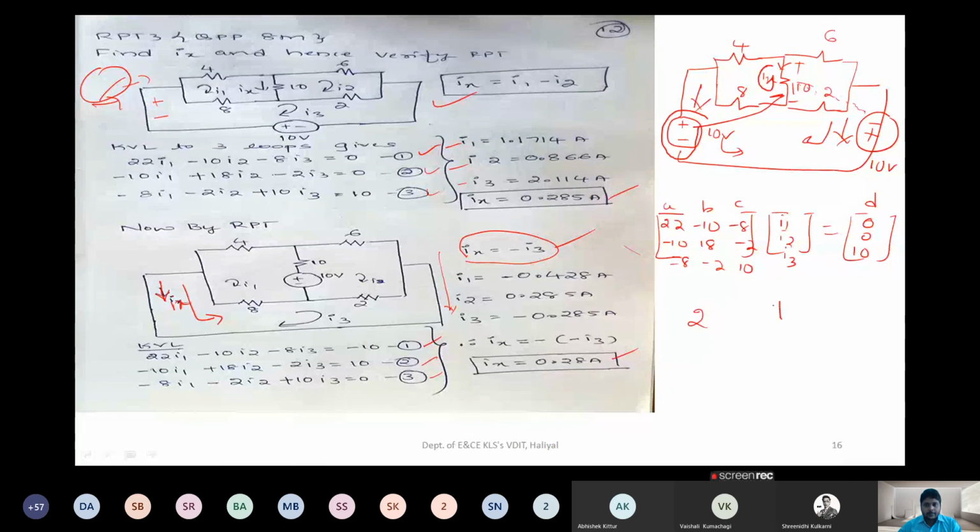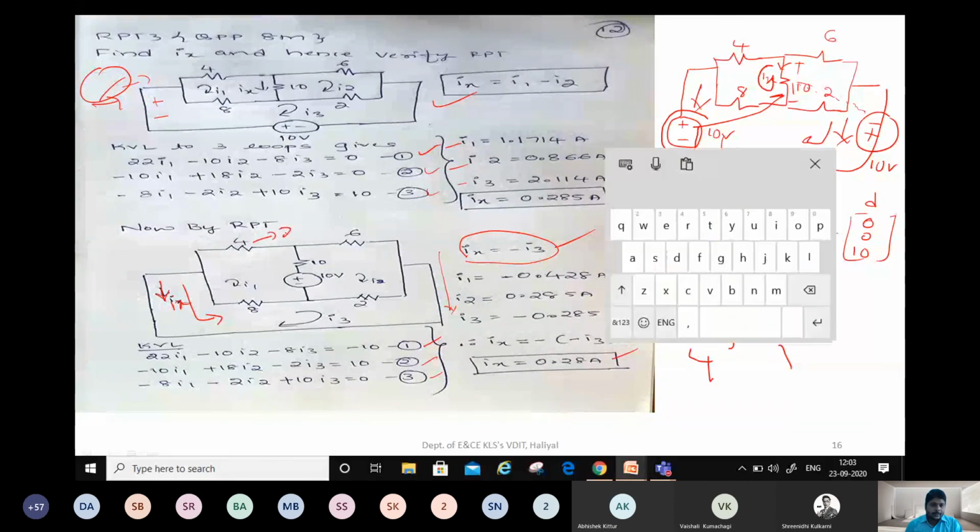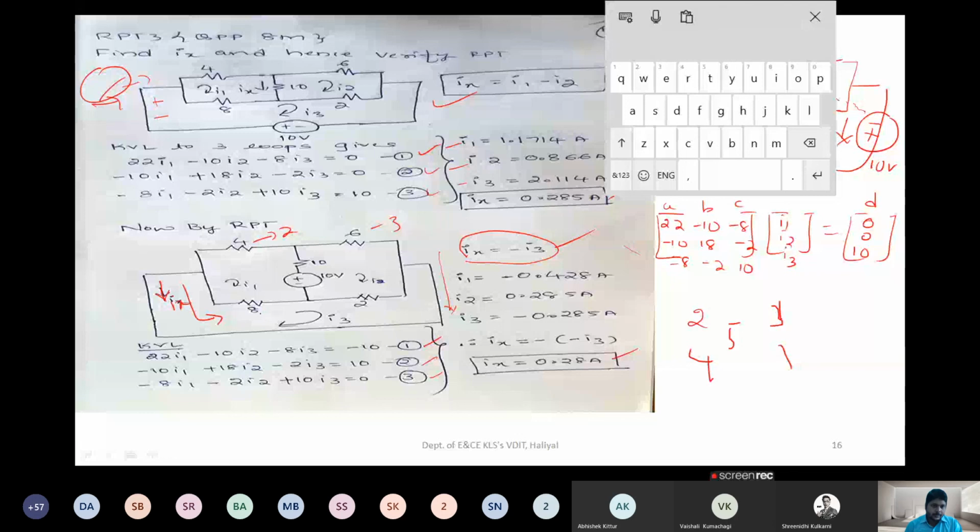You take what we have: 3 ohms, then 4 ohm, then 1 ohm, and 5 ohms. And change the values also. Instead of 10 volts, you double it, 20 volts, and check the values. So I'll just mention here, you take this as 2 ohms, 3 ohms, 4 ohms, 1 ohm, 5 ohm, and this one as 20, and check the result.